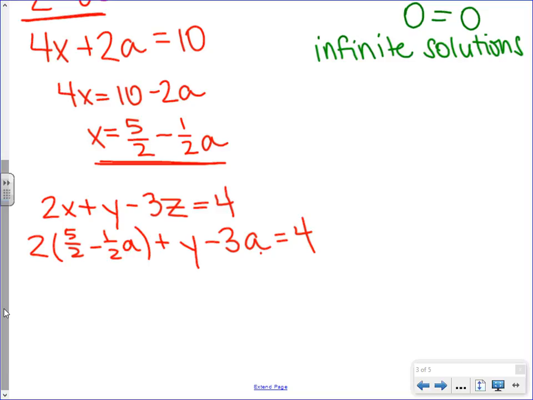If I distribute that 2 through, we have 5 minus a plus y minus 3a equals 4. Negative a minus 3a is negative 4a. I'm going to move it over to the other side to be 4a. And then we can take this 5 and subtract it with this 4 to be minus 1. Do you agree with my algebra there?